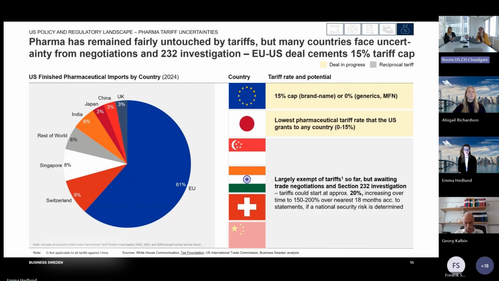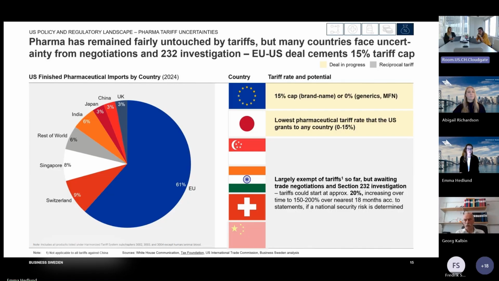But the EU plays a huge role, so it was really important to have a deal. It now gives some security, because even though it's a 15% increase, it's at least a deal that has been struck. So I think that gives more of a stable baseline. And this is also supposed to incentivize more stable trade going forward.